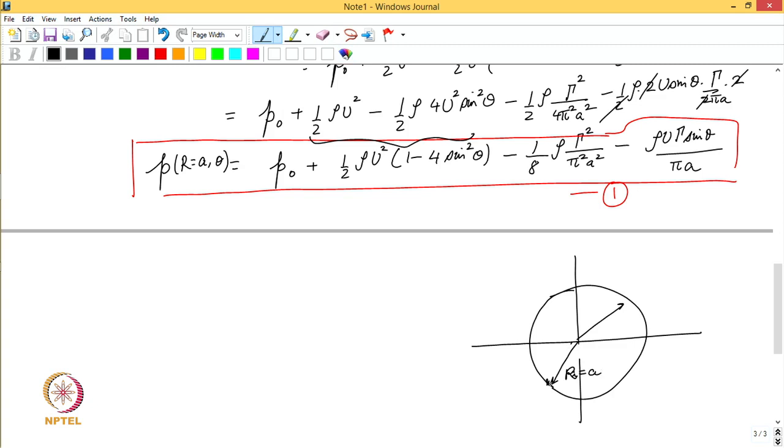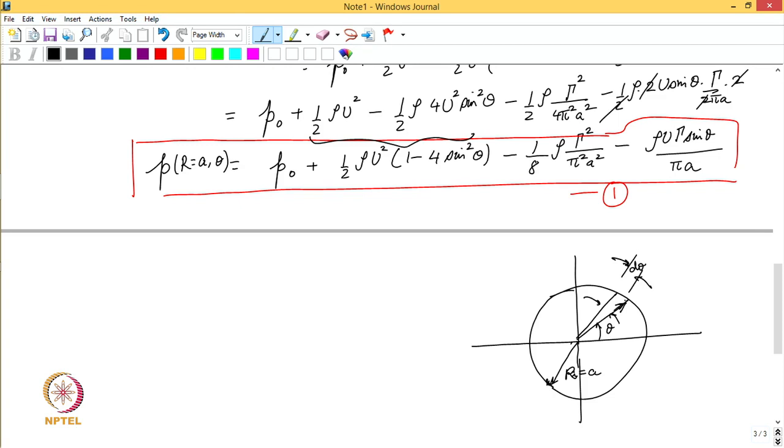Now, we need to integrate over the surface. So, the only independent variable here is actually theta. So, we can take at an angle theta a small segment of elemental distance d theta. So, this angular distance here is d theta.